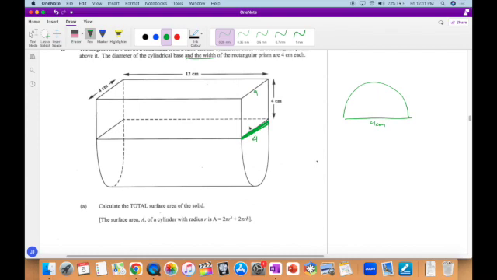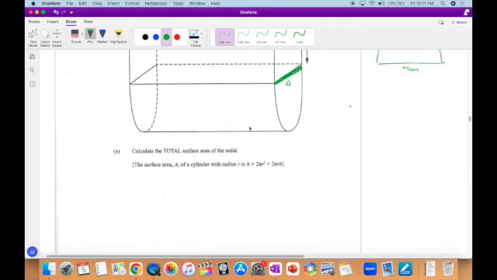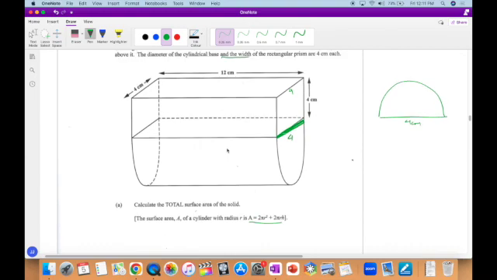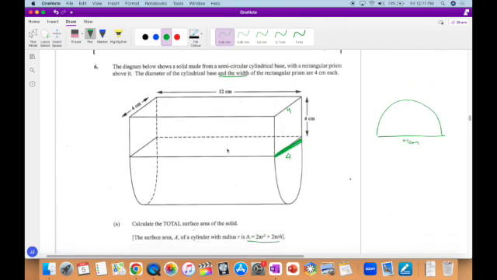Calculate the total surface area of the solid. So this is really a nice question, right? The surface area A of a cylinder with radius R is given as that. We don't really need to use that.